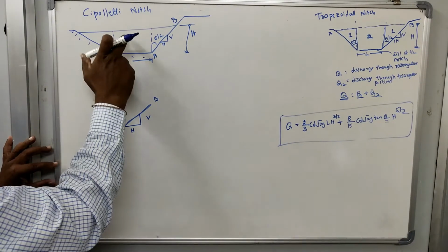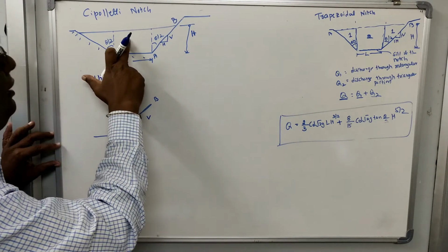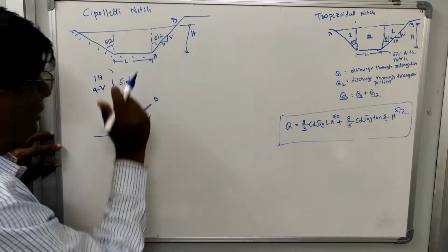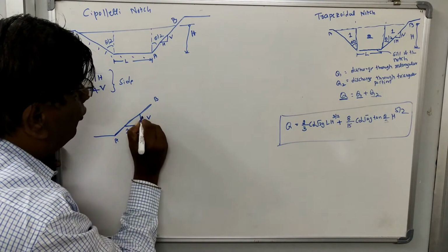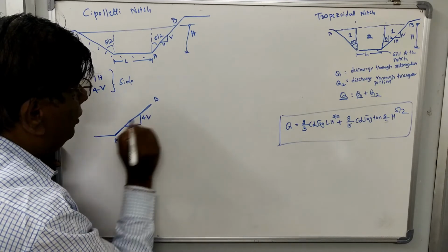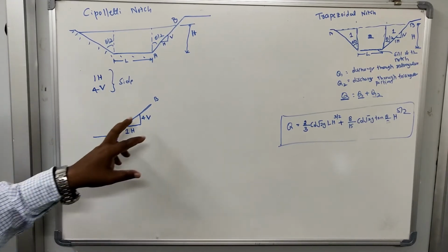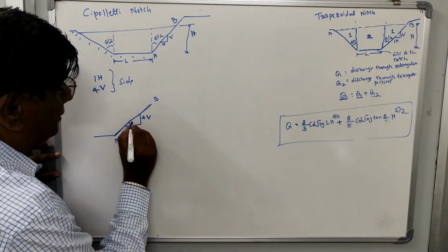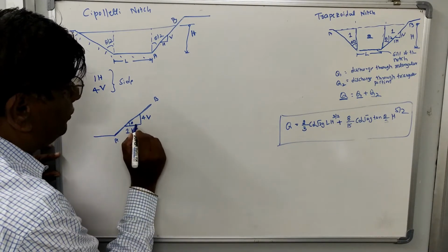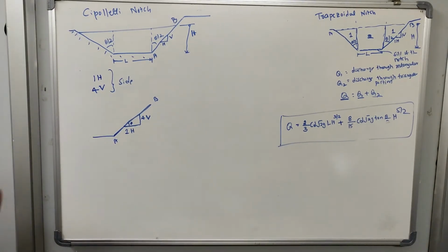This trapezoidal channel is going to be called a Cipolletti notch if the side slope is 1 horizontal to 4 vertical. It means what? Suppose this angle is theta, that is the slope is theta, then tan theta is equal to 4 by 1.